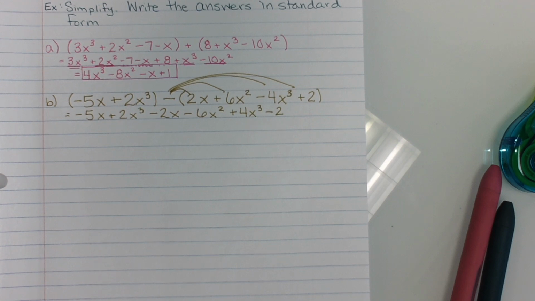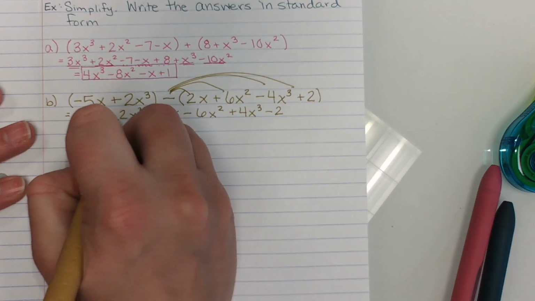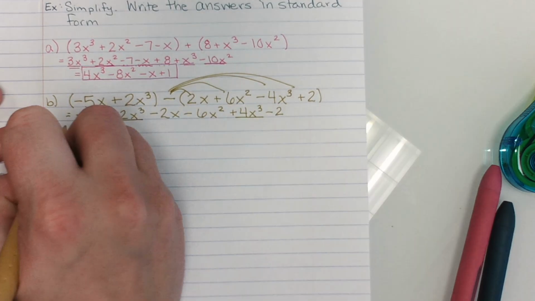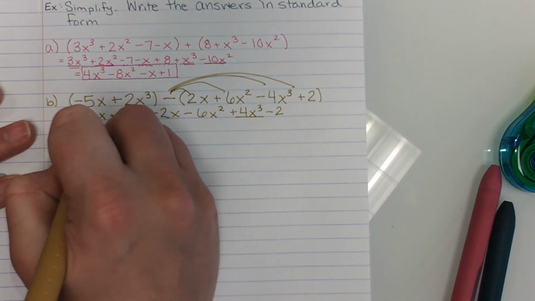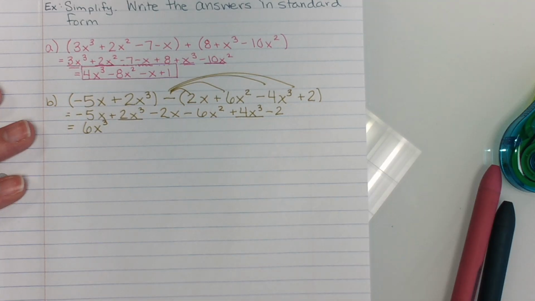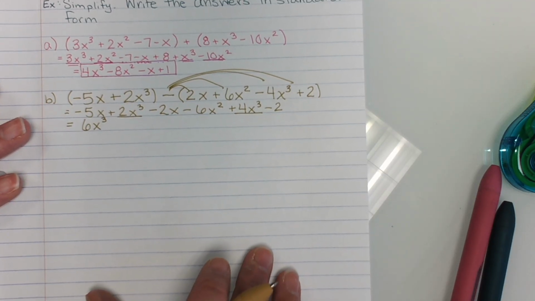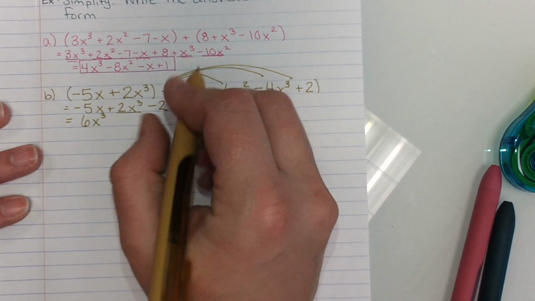Calvin, what do you think I should do next? Combine like terms. In what order? Biggest exponents first. 2x cubed and 4x cubed. 6x cubed. Remember, when you're combining like terms, you're just adding the numbers in front.